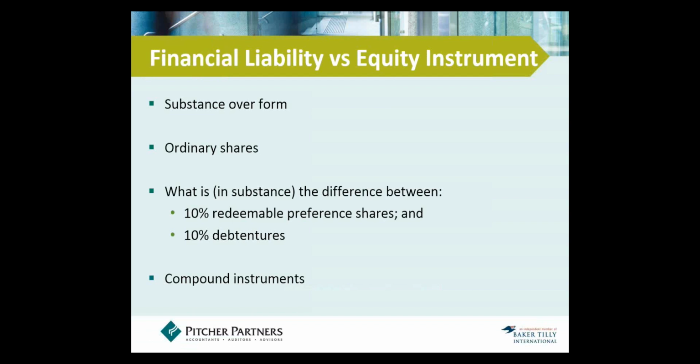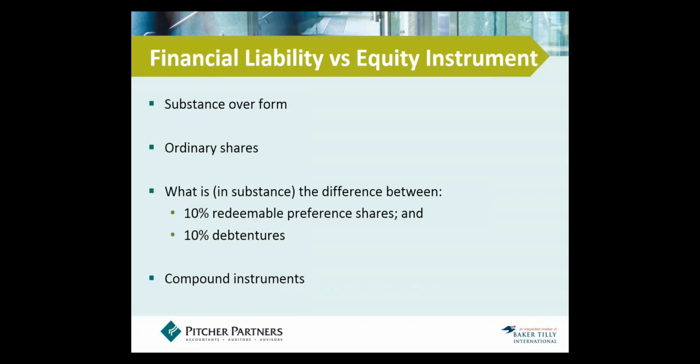Because on the one hand, we have to pay the 10% every year, and potentially we have to pay the amount back to the note holder. But there's also an option in there, and an option is an equity. The note holder could say, don't repay the capital, but instead give me shares in the company. They've got that option. So a compound instrument, a little bit of both.